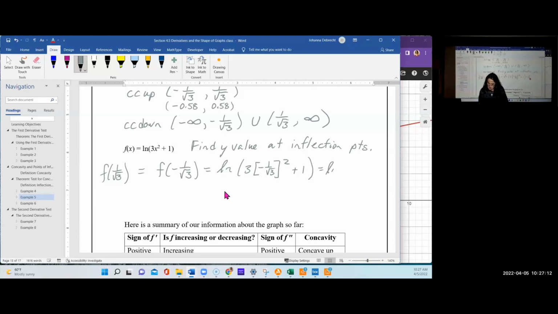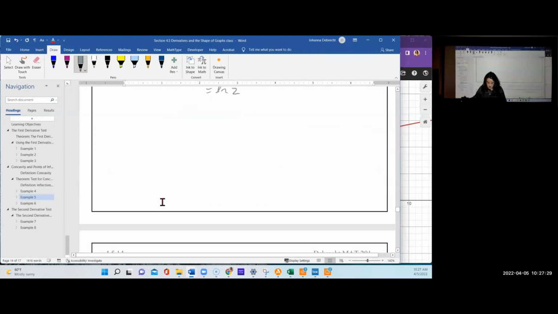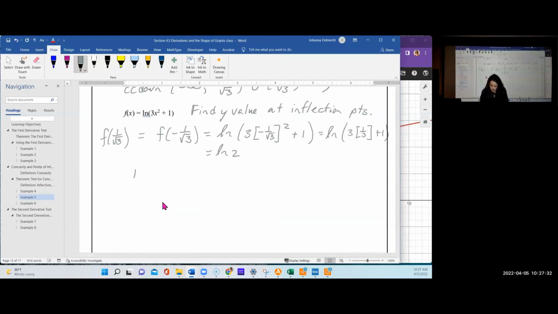So this is going to give me natural log of 3 times 1/3, which is 1, plus 1, which equals the natural log of 2. So now I have an inflection point at plus or minus 1 over the square root of 3, natural log of 2.